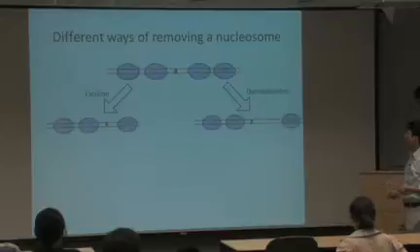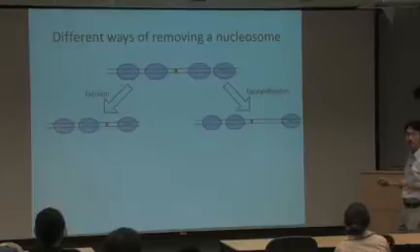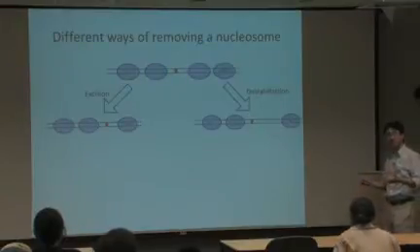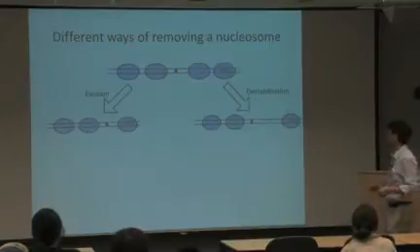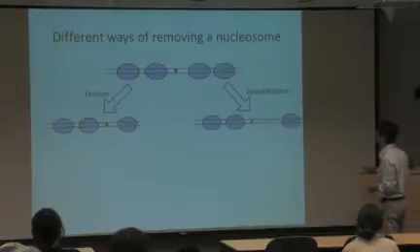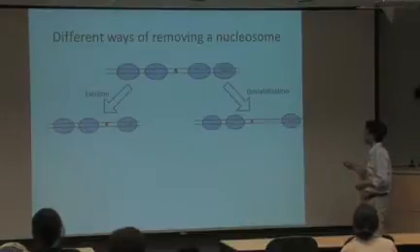The other way of removing a nucleosome is obviously you can change the DNA sequence underneath this nucleosome. And if you remember the first part of my talk, I told you that if you have a lot of A's and T's in the DNA sequence, it makes the DNA stiff, therefore it doesn't form nucleosomes very well. So that's what we're going to do. We're going to increase the AT percentage of this sequence, which will destabilize nucleosome formation.